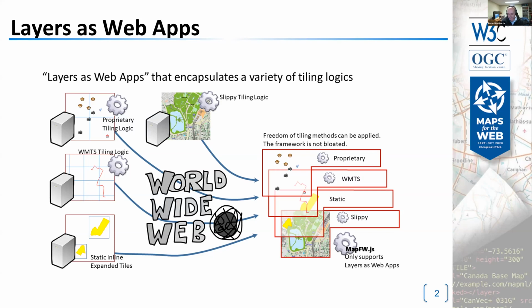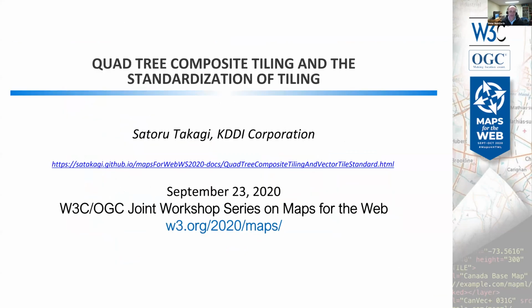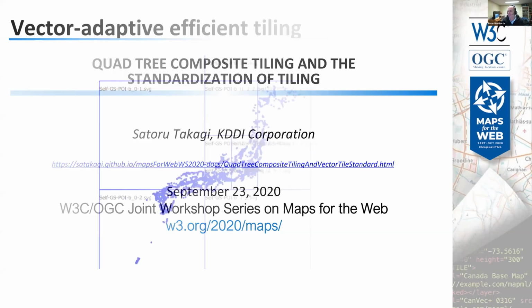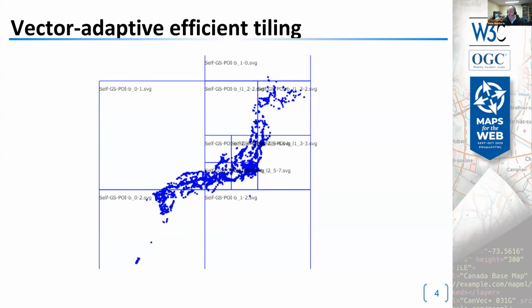package right there. And that leads to the discussion of quad tree composite tiling and the standardization of tiling, in which Satoru-san has applied the techniques of SVG map to use adaptive quad tree tiling to vector information, which is very efficient.